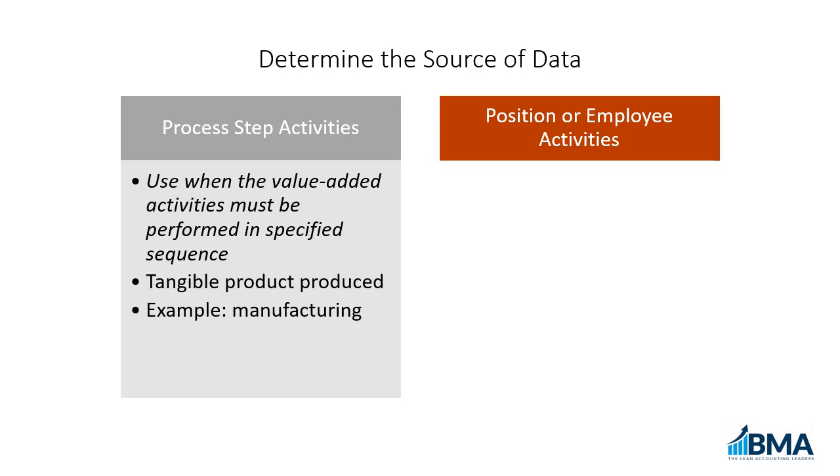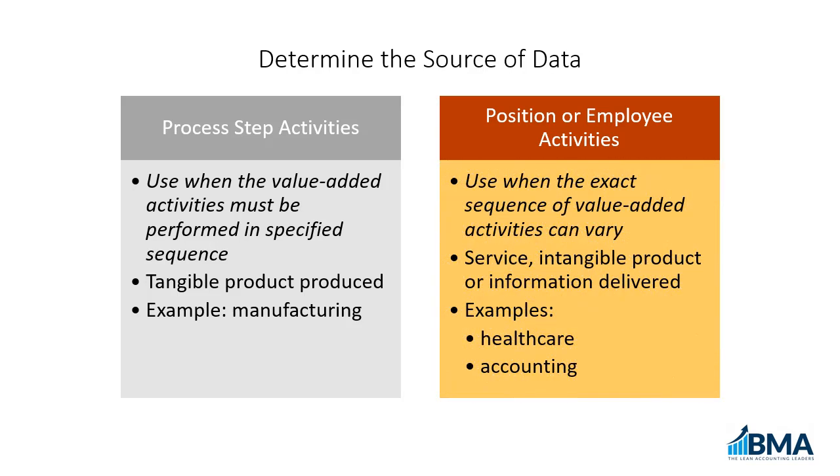The other way to look at the source of data is looking at the activities of an employee or the activities of a specific position. Now, this is best used when there are value-added activities which must be performed, but the exact sequence can vary a little bit.